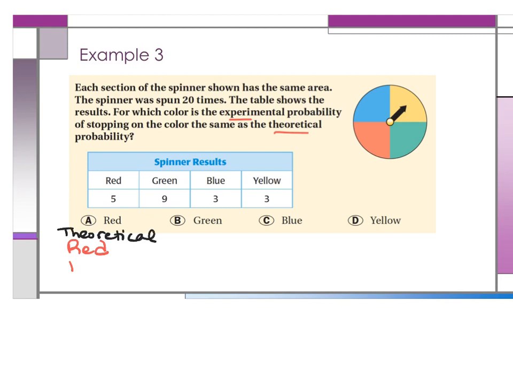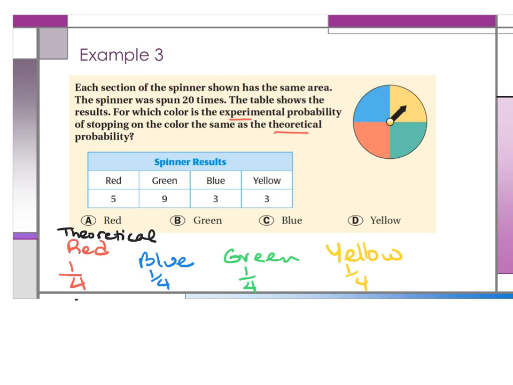For red, there's one red out of the 4 sections. For the blue, there's one blue out of the 4 sections. For the green, same thing, one green section out of the 4. And then lastly, the yellow, and we can see that there's 1 out of 4.